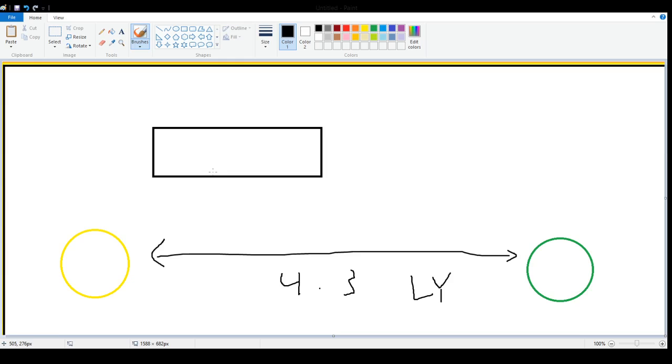I'm not sure. But the idea is you could create an MBR somewhere in empty space, like the space between Earth, the Sun, and Alpha Centauri, and you could set it spinning.